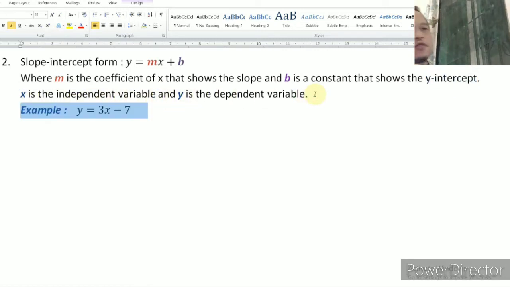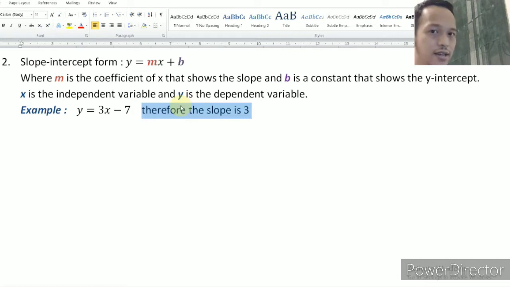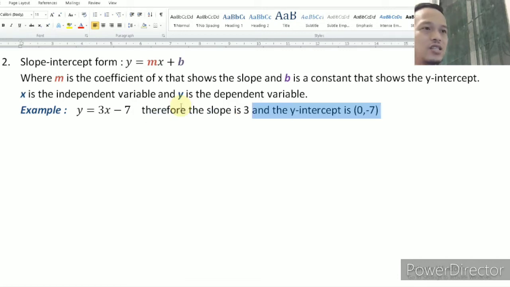So let me give you an example. This is the first example in this slope-intercept form, which is y equals 3x minus 7, which means your graph will have the slope equals 3 and the y-intercept is at 0, negative 7.